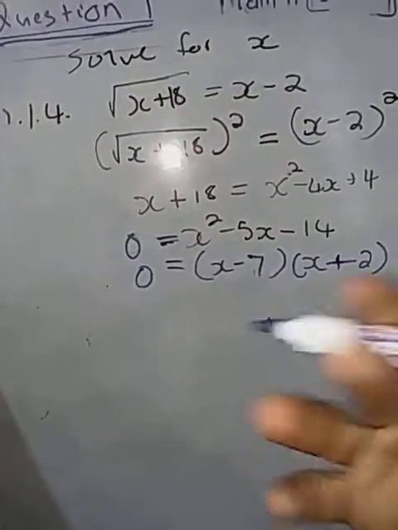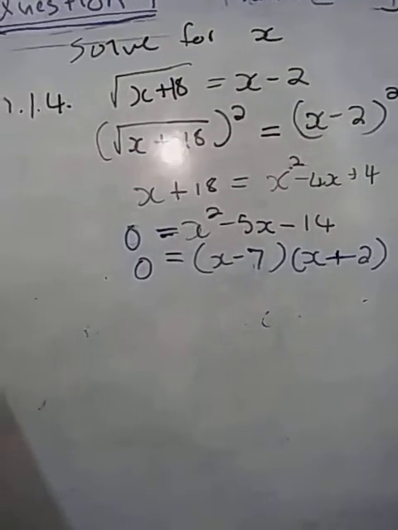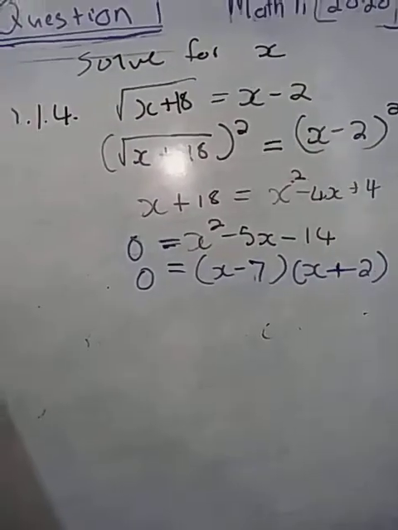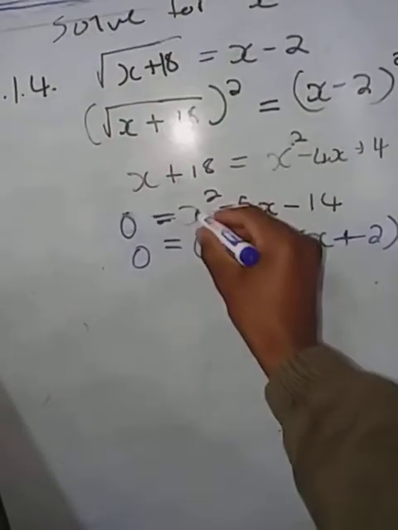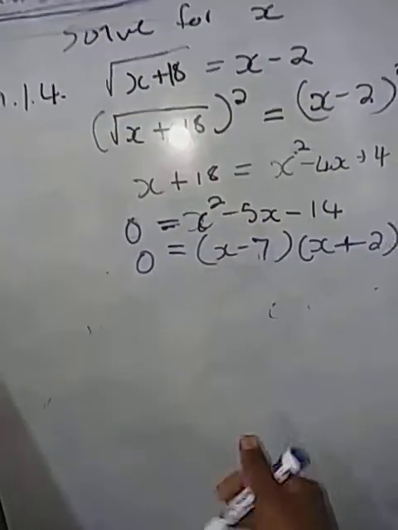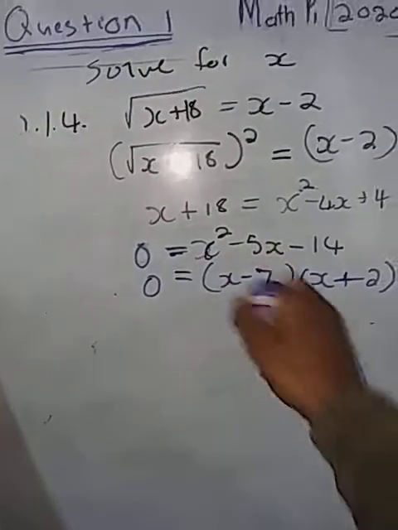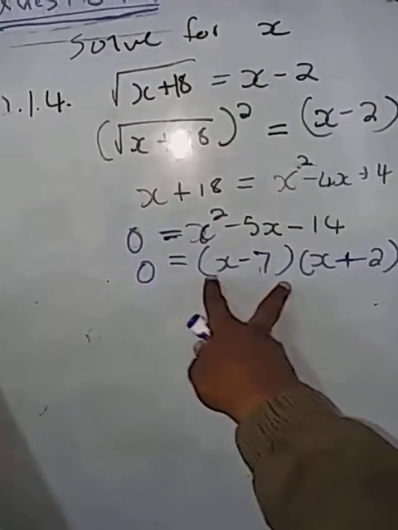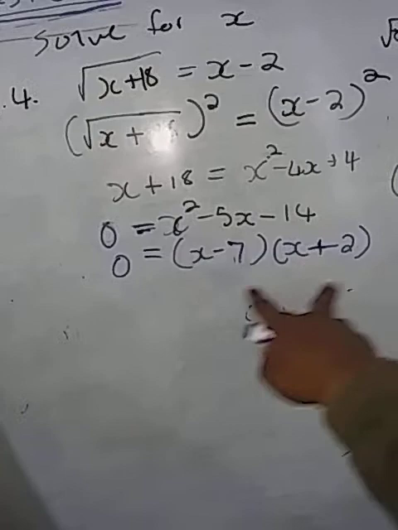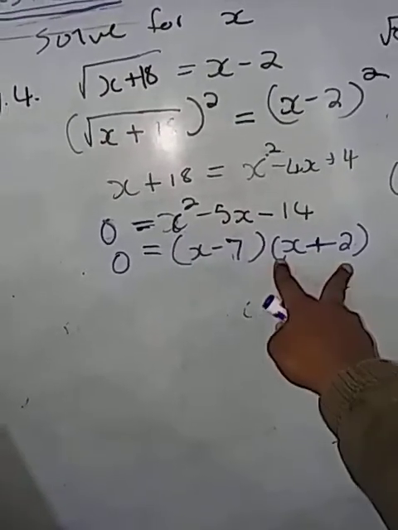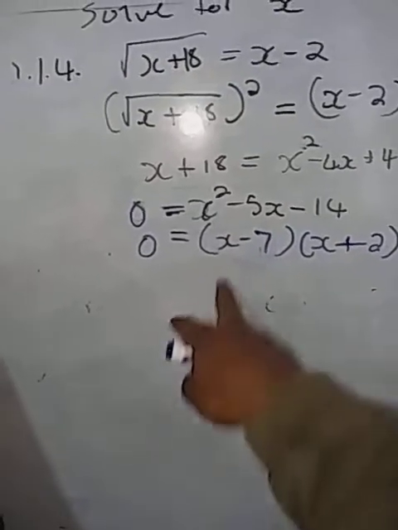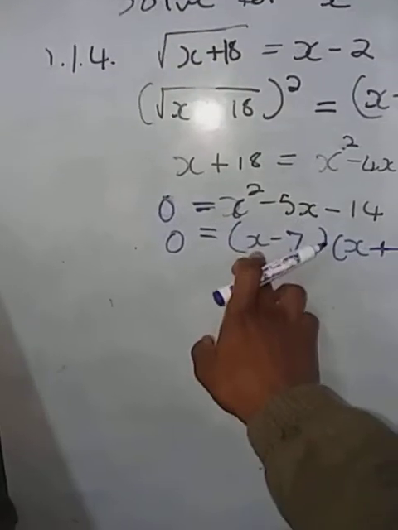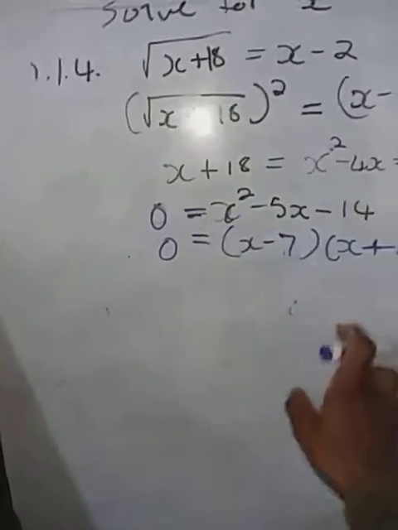In order to factorize a trinomial, the first thing is that mostly, not always, when you have an x squared, it means you're going to have two open and closed brackets. Then you put x in each, since x is the one with the square.